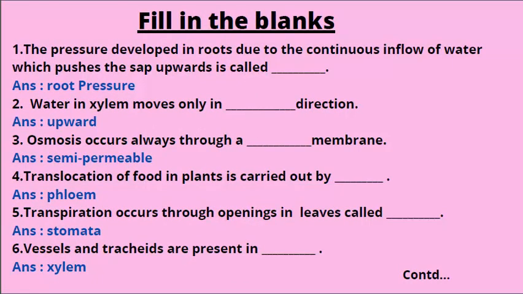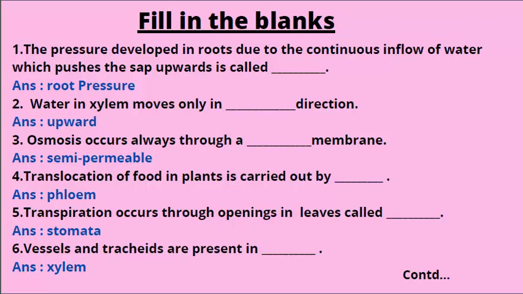Next, we have fill in the blanks. The pressure developed in roots due to continuous inflow of water which pushes the sap upward is called dash. Answer is root pressure.